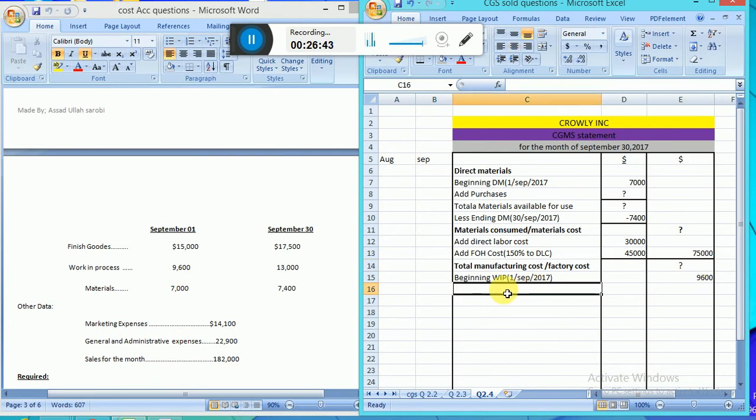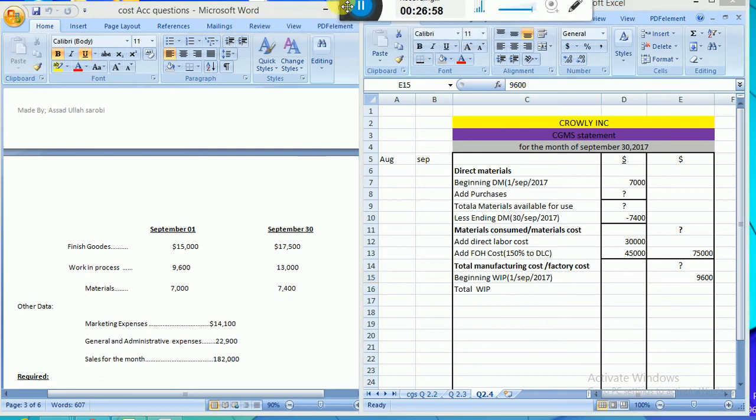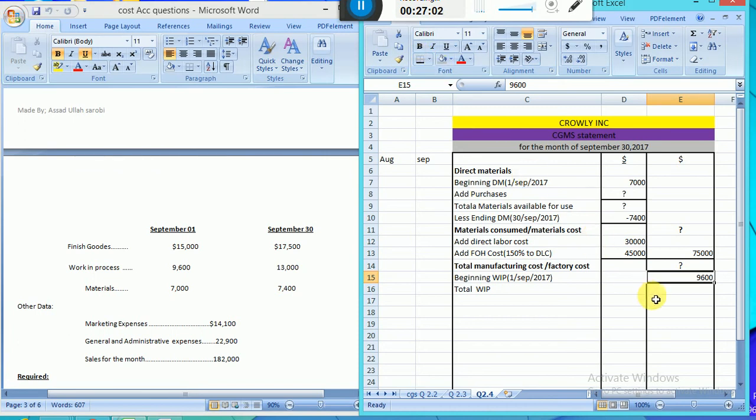So now how much total work in process do we have? Total work in process is the month of September work in process plus the remaining work in process of the month of August. So total work in process is again unknown. Why? This unknown plus 9,600 leads us to an unknown result.